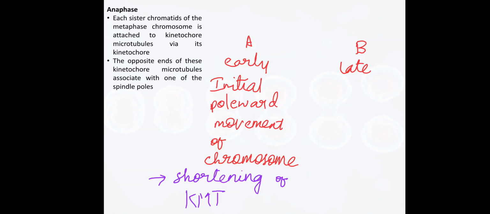The movement towards the spindle pole is facilitated by kinesin 7 and kinesin 13 motor proteins that are localized at the kinetochore. Kinesin 13 is also there, but it does not have motor activity.